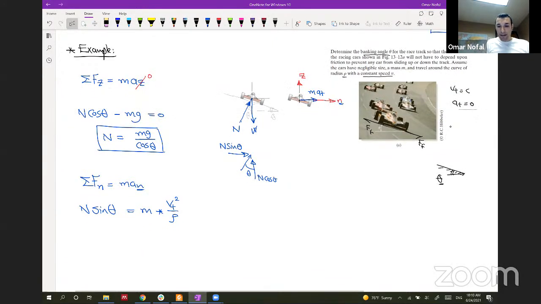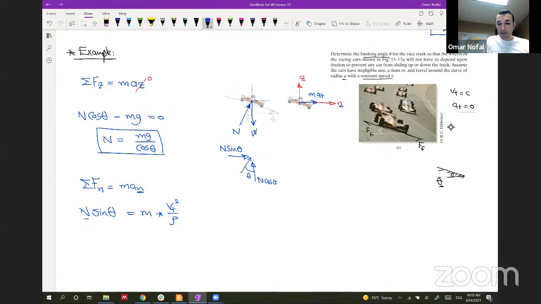And we already have n, so we can substitute it here. So we will have mg multiplied by sine theta over cosine theta, and this will be equal to m v tangent square over rho.